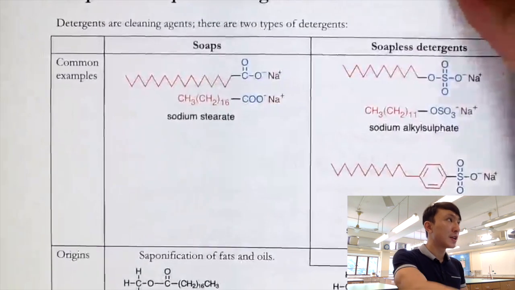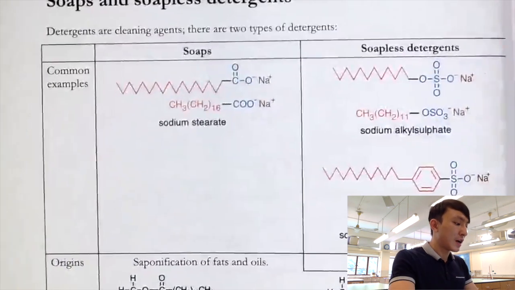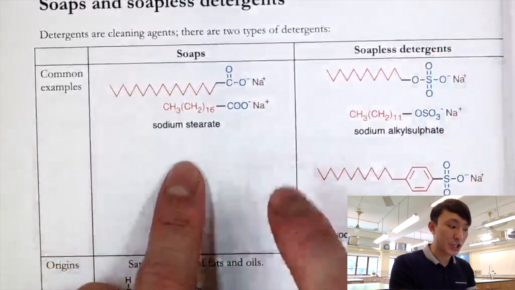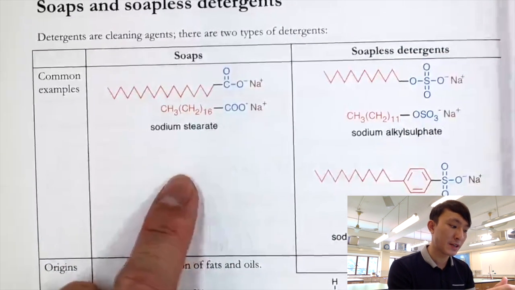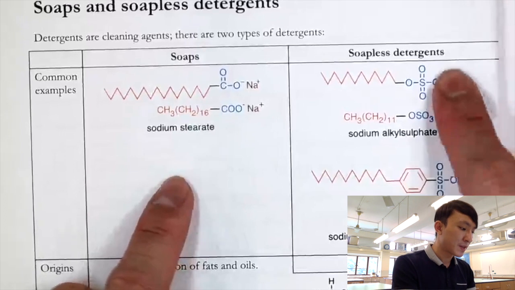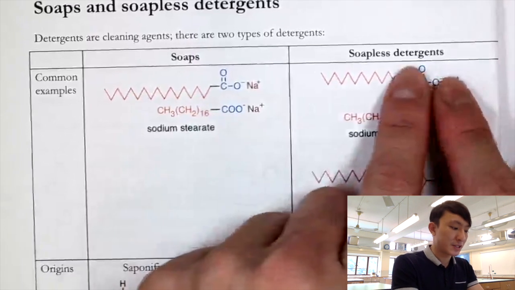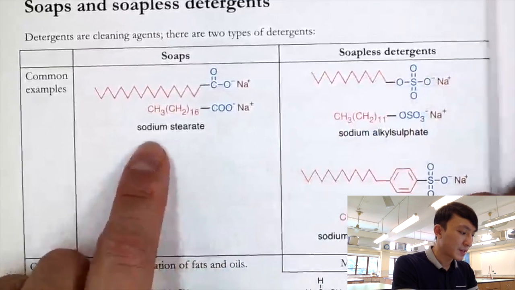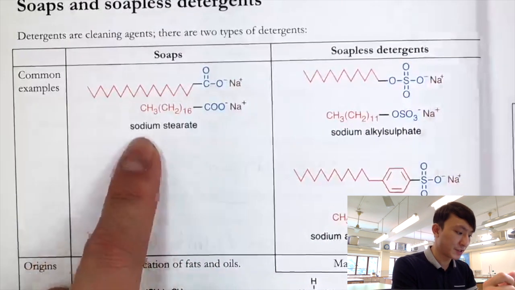Soap and detergents. So first of all, we often compare the structure, the function, the properties of soap and soapless detergent. If you look at some examples, they have some similarity and difference.